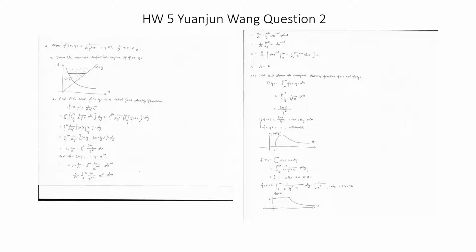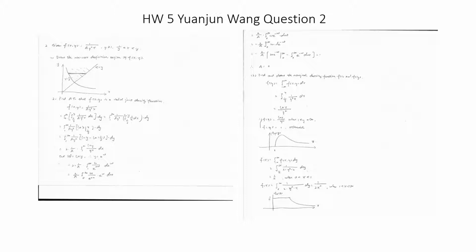The integral of 1 over x is just ln of x, so we plug in y and 1 over y. The equation becomes the integral from 1 to infinity of 1 over A times y squared times ln of y minus ln of 1 over y dy.